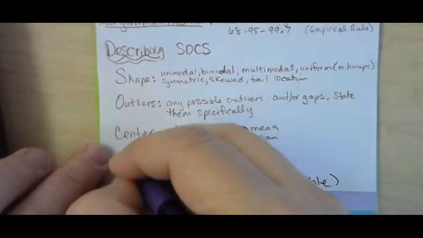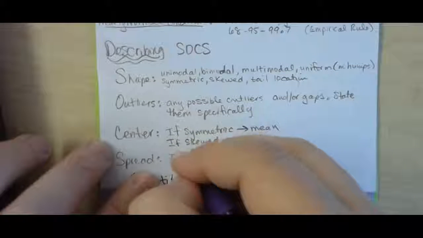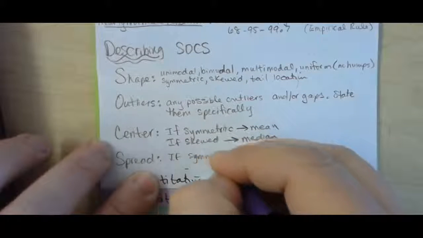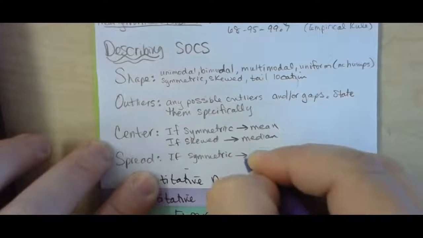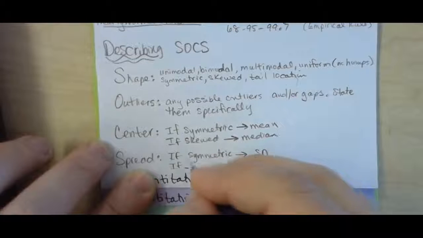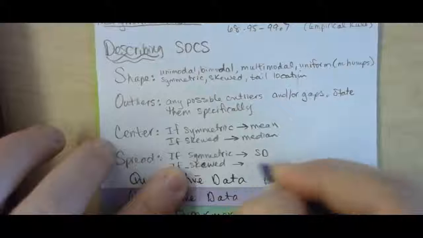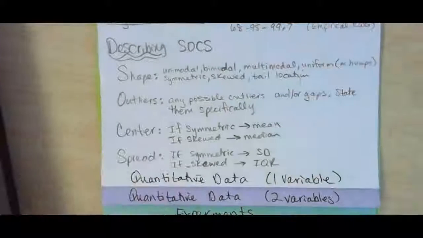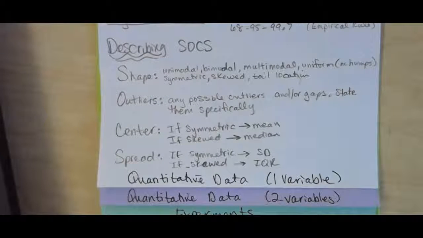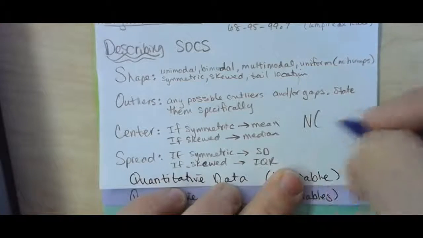And then the last one, the other S is for spread. If symmetric, you use the standard deviation. If skewed, you use the IQR.